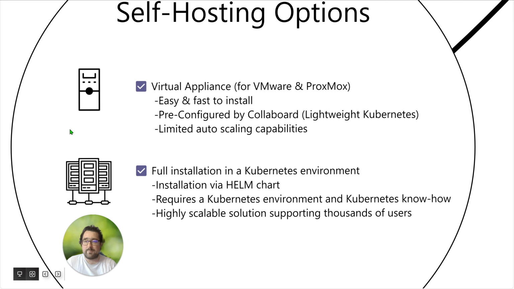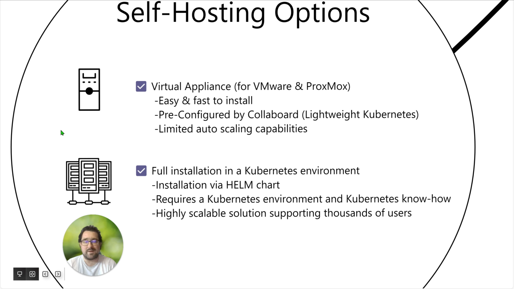We provide two ways to self-host. One is with a virtual appliance that's available for VMware and for Proxmox. The beautiful thing about the virtual appliance is it's easy and fast to install. It contains a pre-configured lightweight Kubernetes environment, and everything is already set up by us.